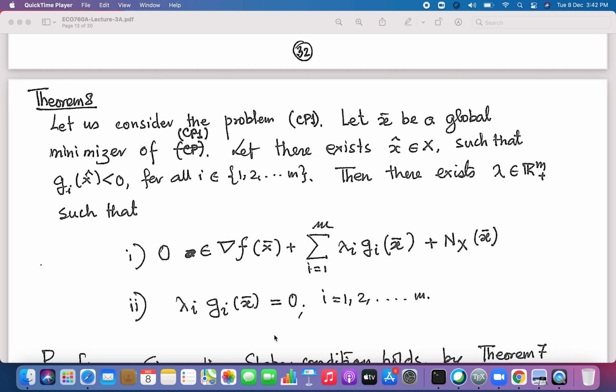Then I would be able to find a lambda in R^m_+, that is, a vector lambda whose components are all greater than or equal to 0, such that 0 is contained in the sum of the vectors grad f(x bar) plus the non-negative linear combination of lambda_i into grad g_i(x bar). Here the grad is missing. Without the grad it won't work.